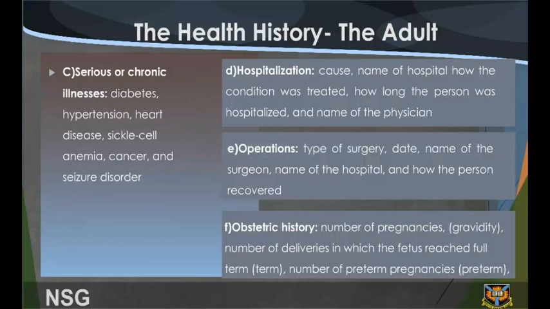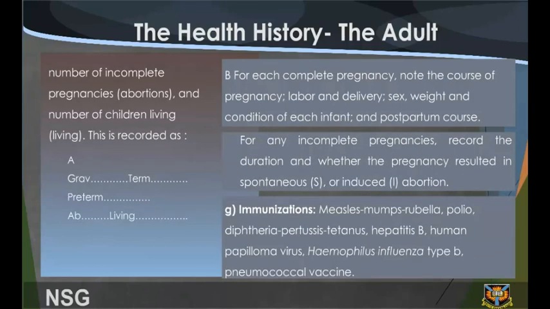F. Obstetric history. Number of pregnancies, gravidity, number of deliveries in which the fetus reached full term, number of preterm pregnancies, number of incomplete pregnancies, abortions, and number of children living.